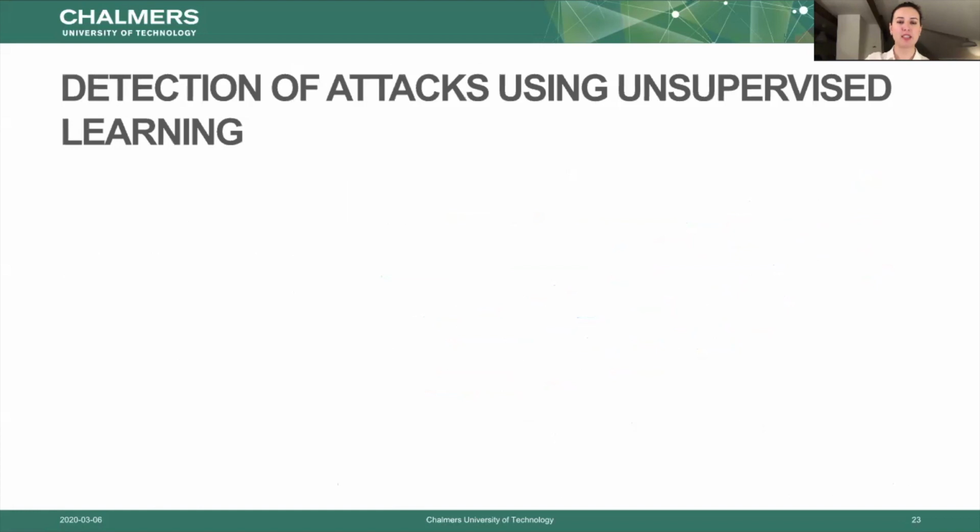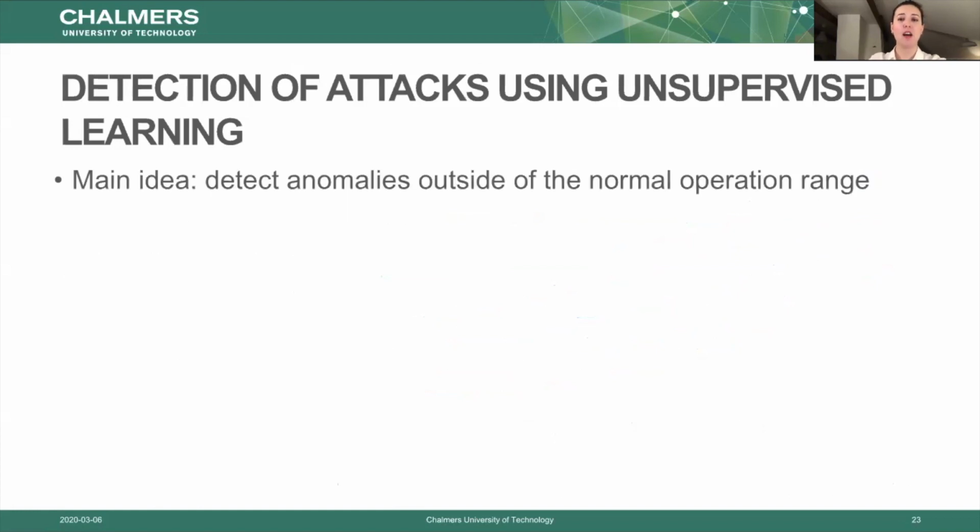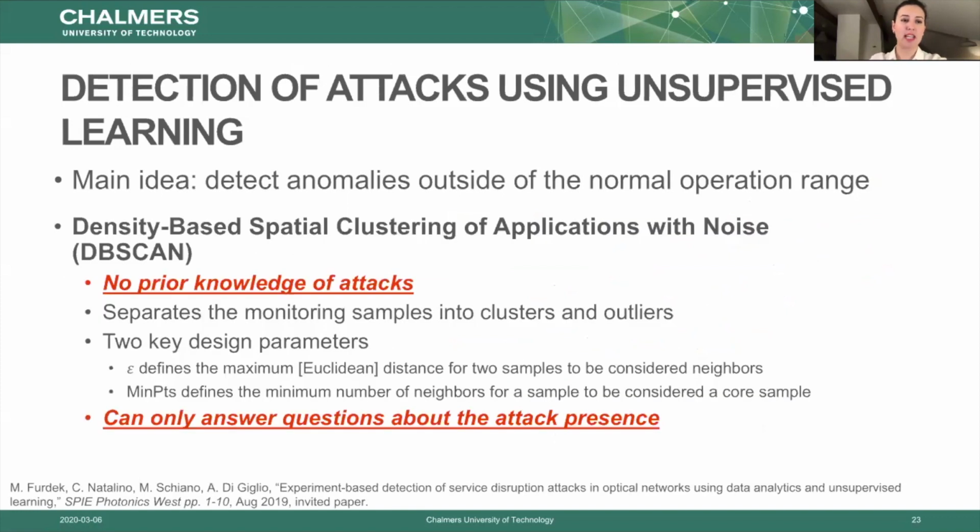When unsupervised learning is used to detect attacks, the main idea is to detect anomalies outside of the normal operation range. Here we use the density-based spatial clustering of applications with noise, or DB-scan, which doesn't have any prior knowledge of attacks.